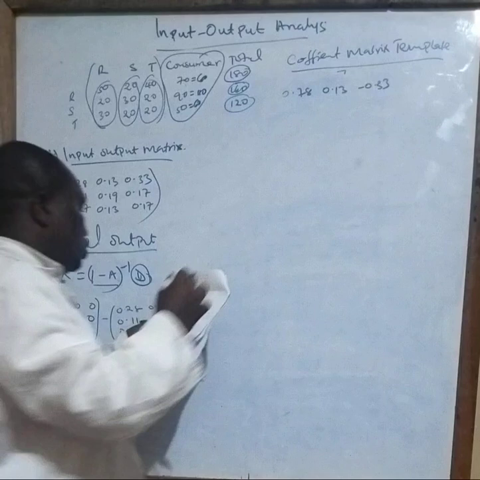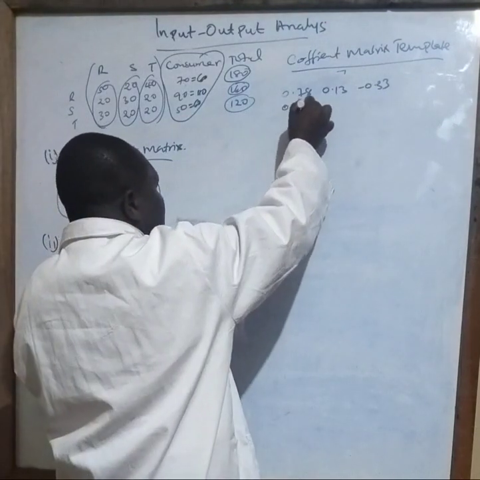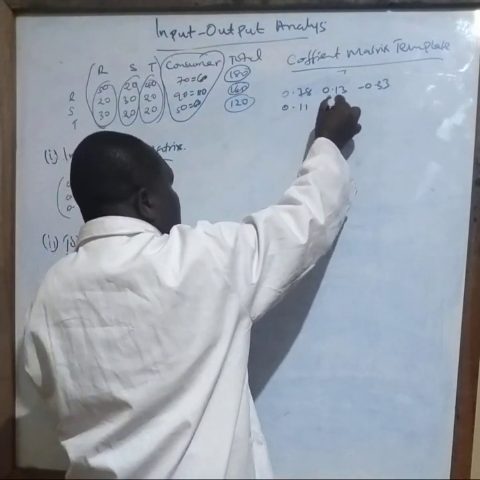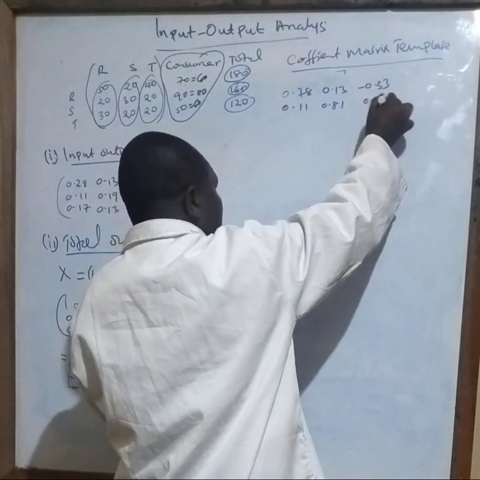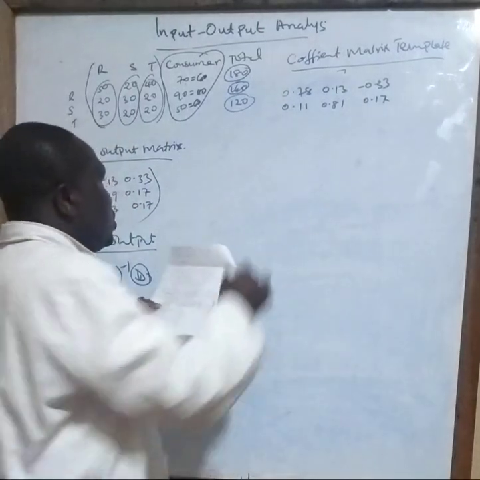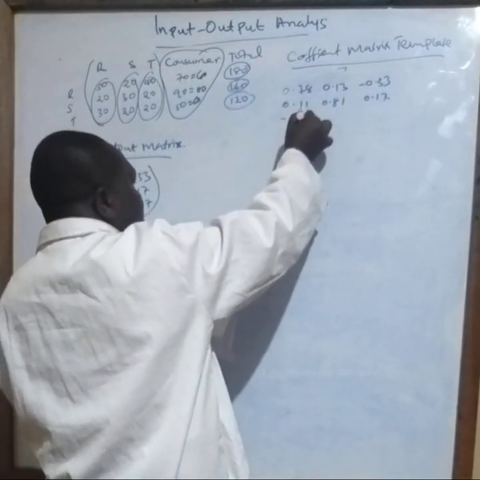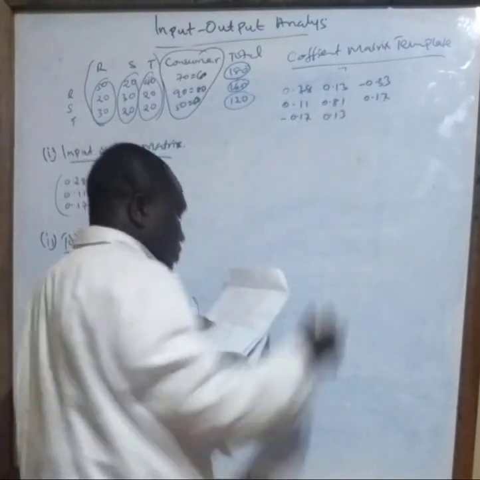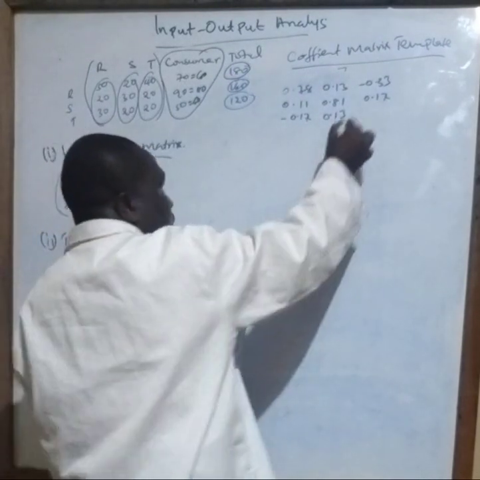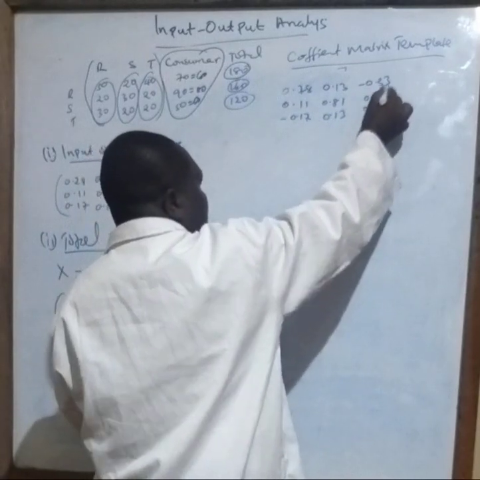The second row should give you 0.11, 0.81, and finally 0.17. Then the third one should give you negative 0.17, positive 0.13, and positive 0.83.